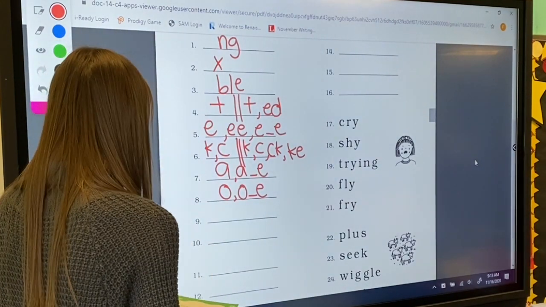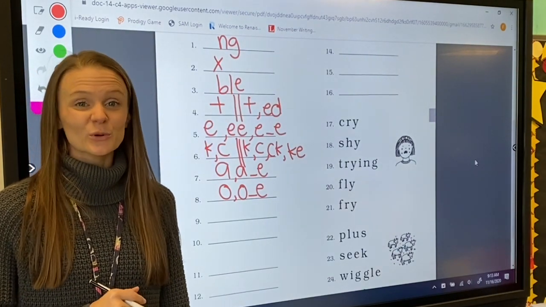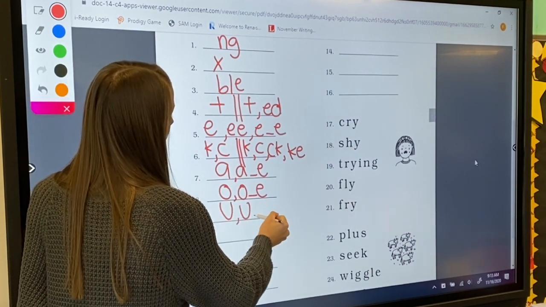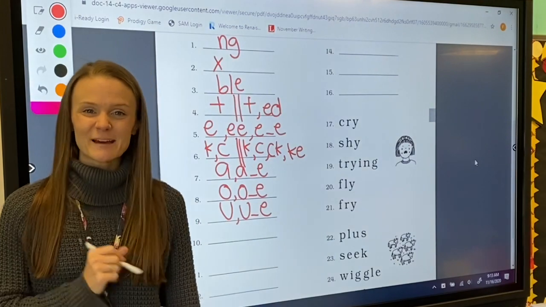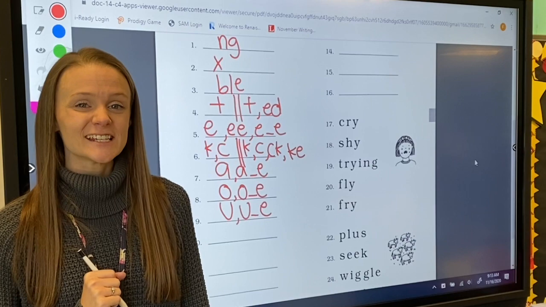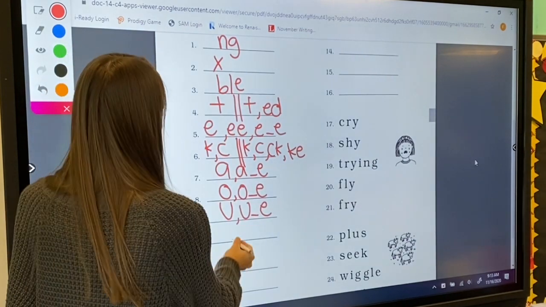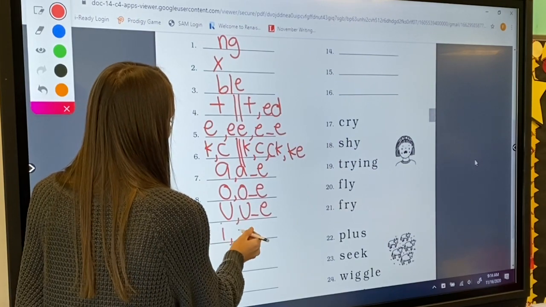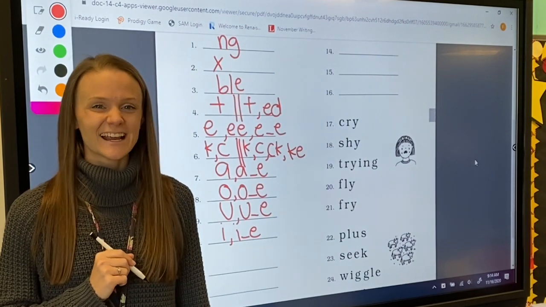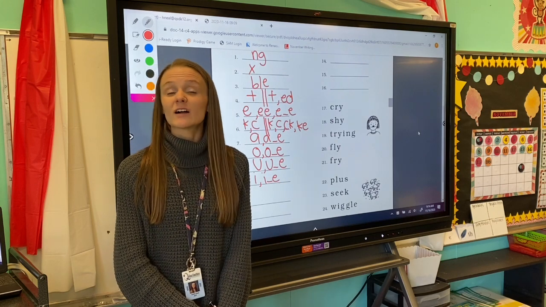For number 9, my letter sound is U. Letter U can make the U sound, and U, consonant, sneaky E can make the U sound. For number 10, my letter sound is I. Letter I can make the I sound, and I, consonant, sneaky E can make the I sound.